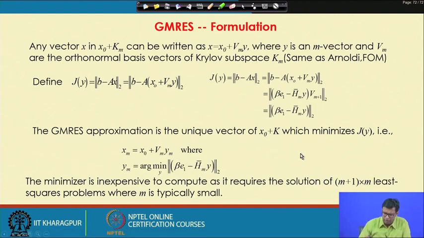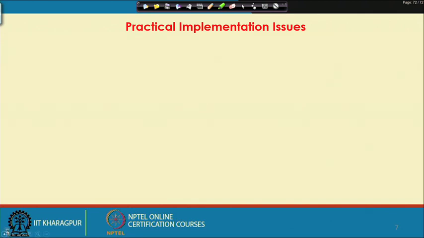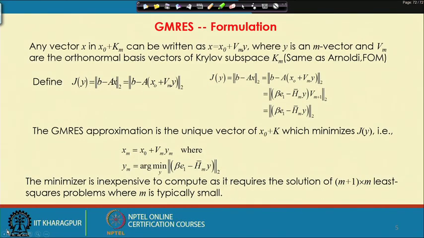If we look into the GMRES algorithm quickly, what does it need? It needs computing of V m and it needs computing of y m.